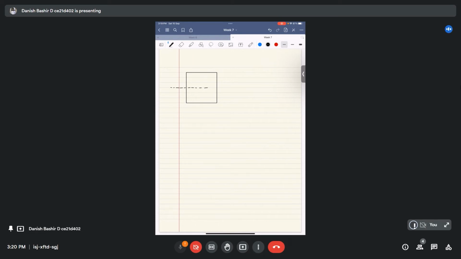We can say that it's a column with axial loading.